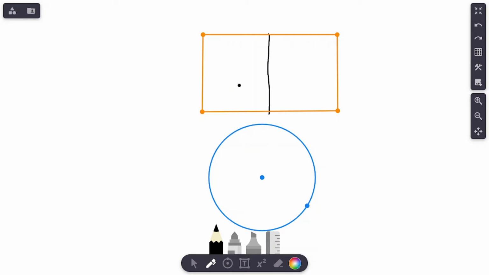Let me do the same thing to the circle here. If you look at this circle, we've got one whole. Now, I'm going to break this circle in half here. Or try to. There we go. That's pretty good. So I have broken this circle in half.